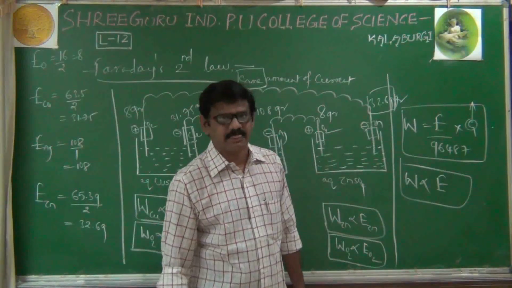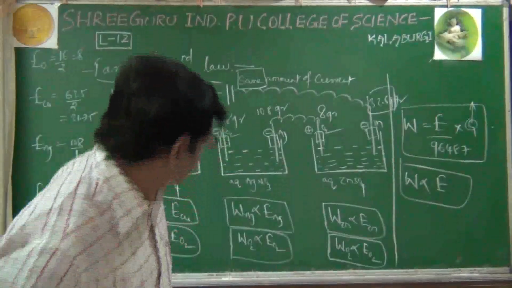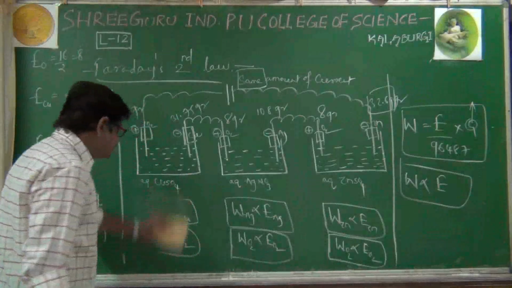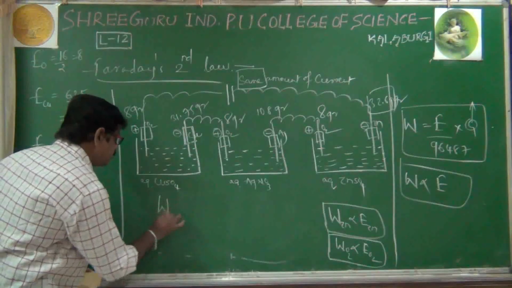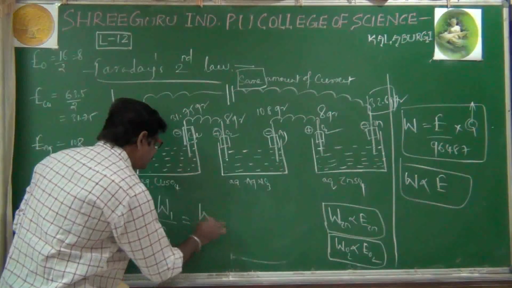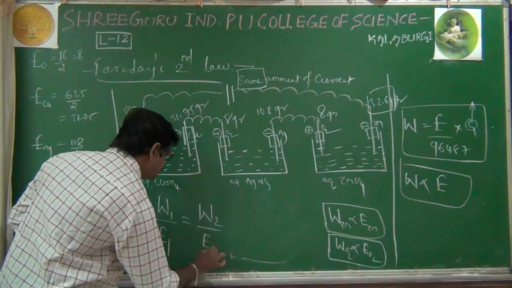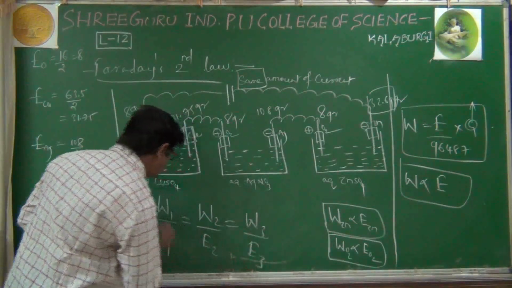Now, based on this, we'll write the generalized formula of the second law of Faraday. That is W1 by E1 is equal to W2 divided by E2 is equal to W3 divided by E3.